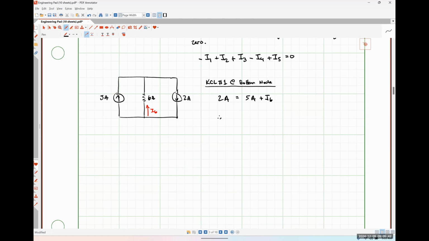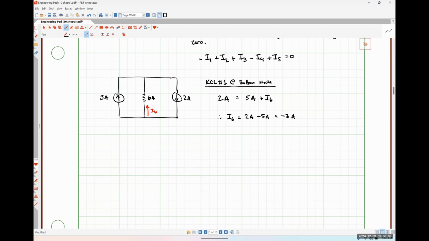So we could rearrange this and we would see that I6 is equal to 2 amps minus 5 amps, which is -3 amps.